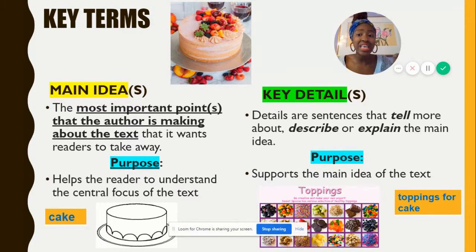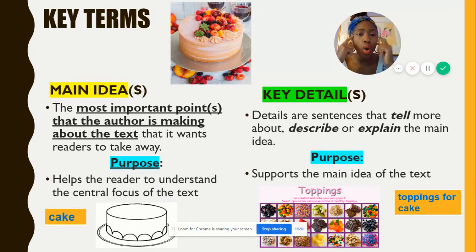But when we look at it separately, main idea is just a plain cake as foundation, baked, that's it. Now your key details is what can I add that will give flavor to the cake? Can I put icing? Can I put fruit? Can I put sprinkles? What can I add to give the cake flavor? That is our topping, which is our key detail.